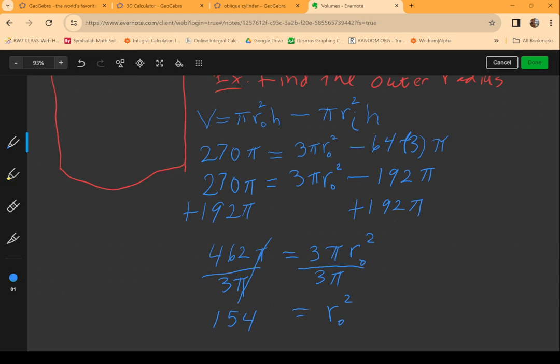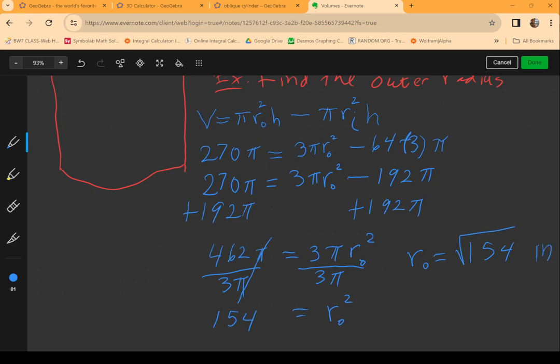So r outer squared is 154. To find our outer radius, we take the square root of both sides. So our outer radius will be the square root of 154, and this would be in terms of inches.